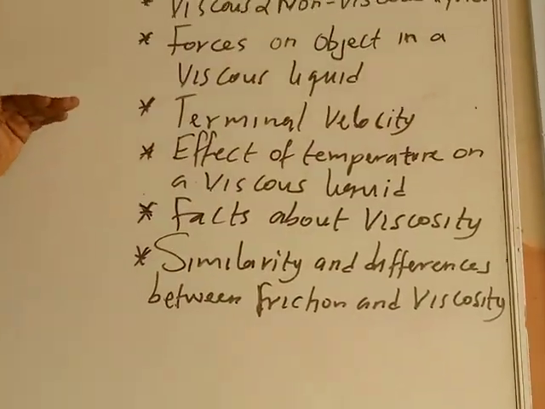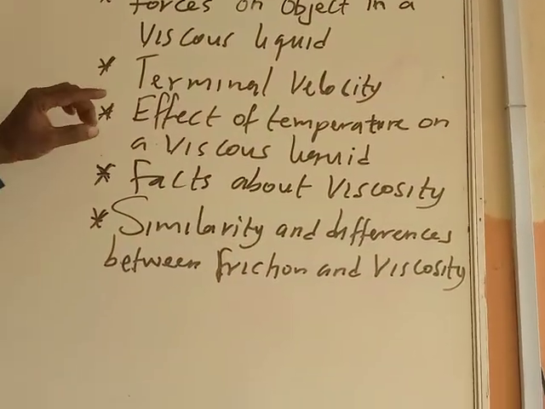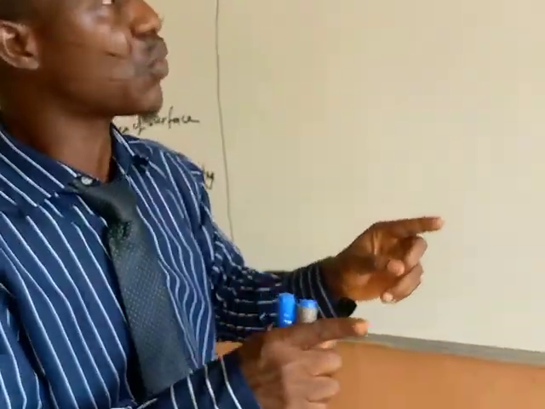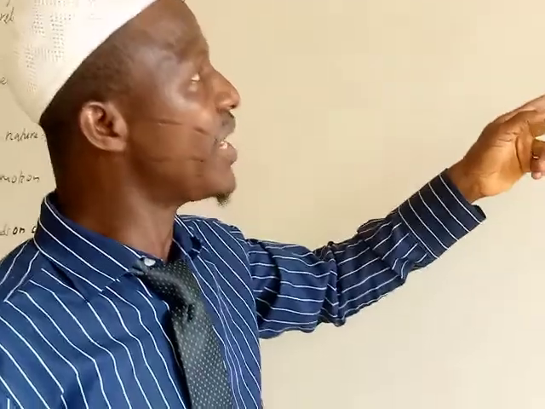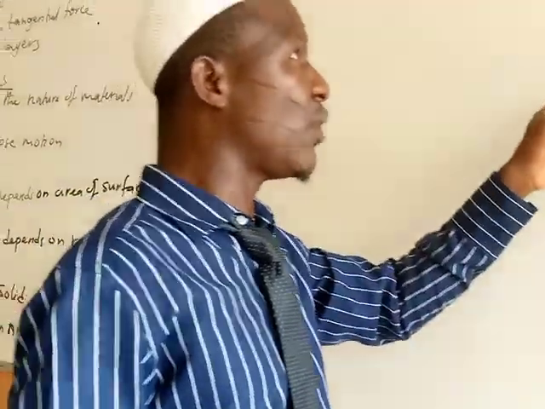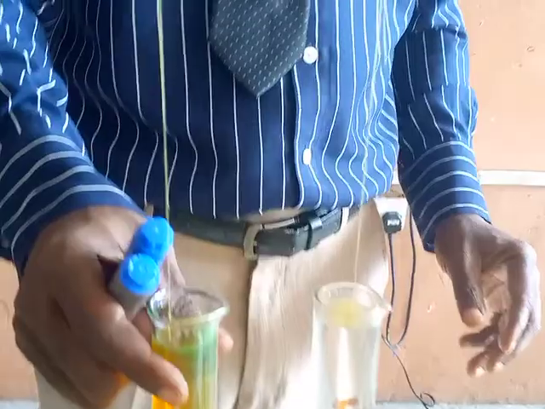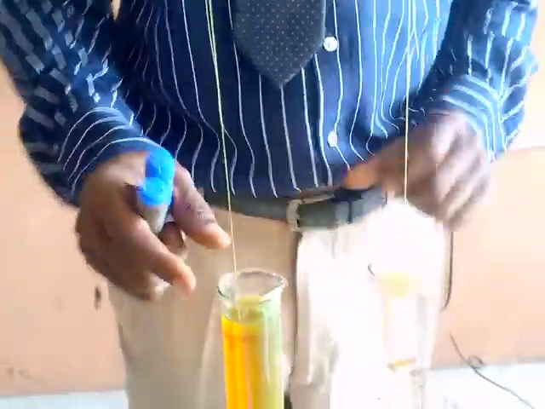Now, what are the forces acting in a liquid and on an object inside a viscous liquid? Let's see whether there's a difference between an object moving in a viscous liquid and an object moving in a non-viscous liquid. I have two types of liquid here. We have water, which is a non-viscous liquid, and engine oil, which is a viscous liquid.